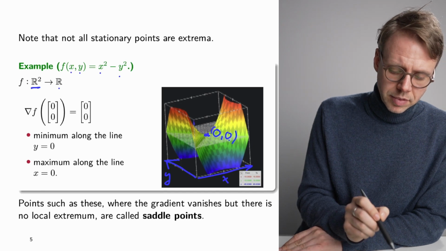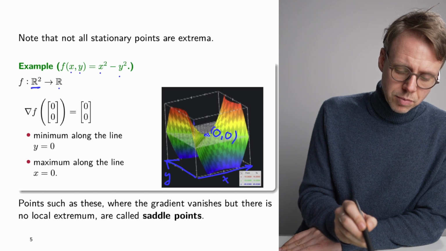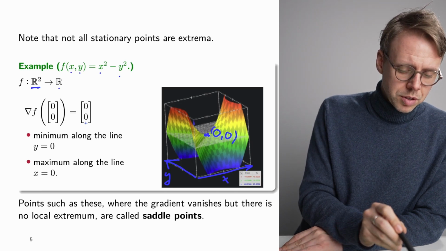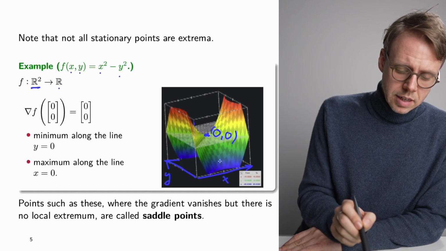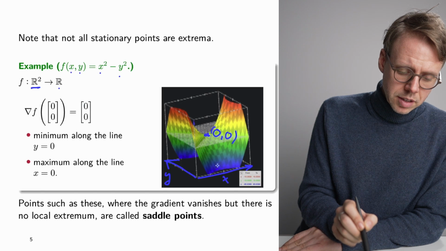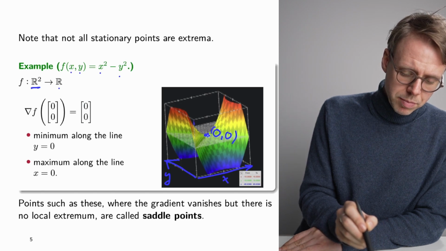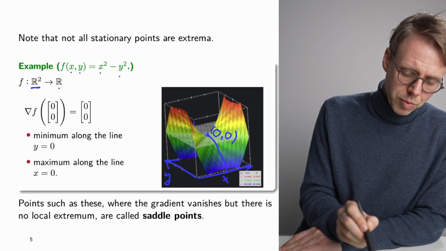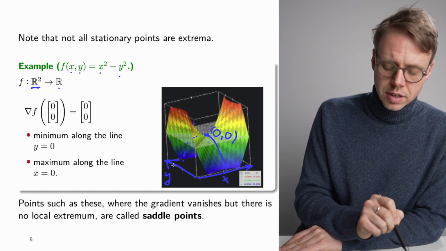And here we have the point 0, 0. And you see that this point 0, 0, where the gradient is equal to 0, somehow is a minimum along the x dimension, because there along the x dimension, if we move away from this point 0, 0, it goes up in this direction and it goes up in the other direction.